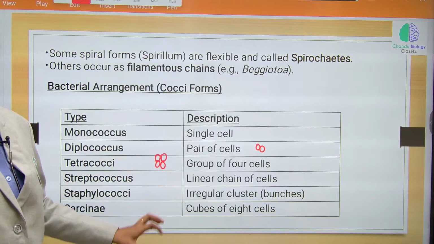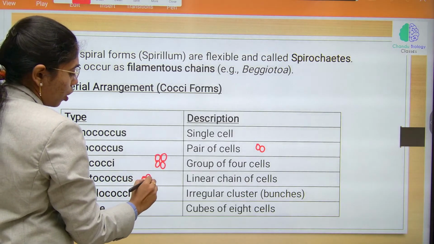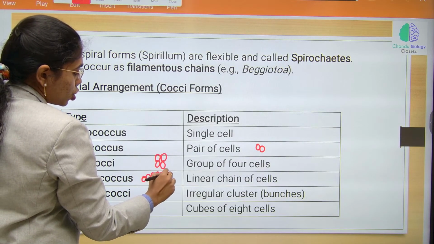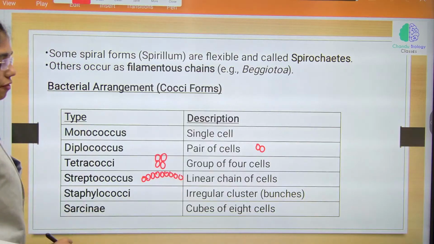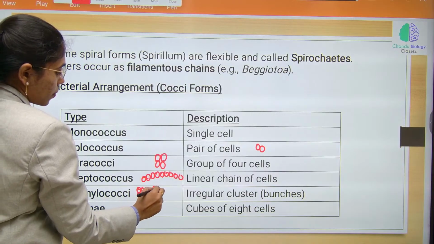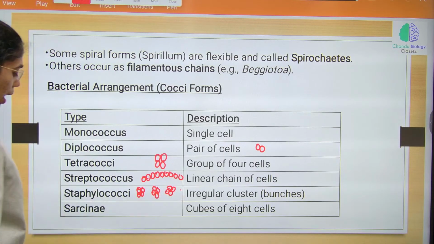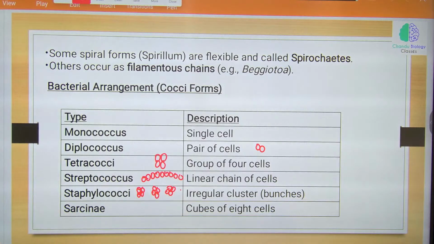Then Streptococcus, where the cells are in the form of a linear chain. Staphylococcus, irregular cluster-like bunches of cells.